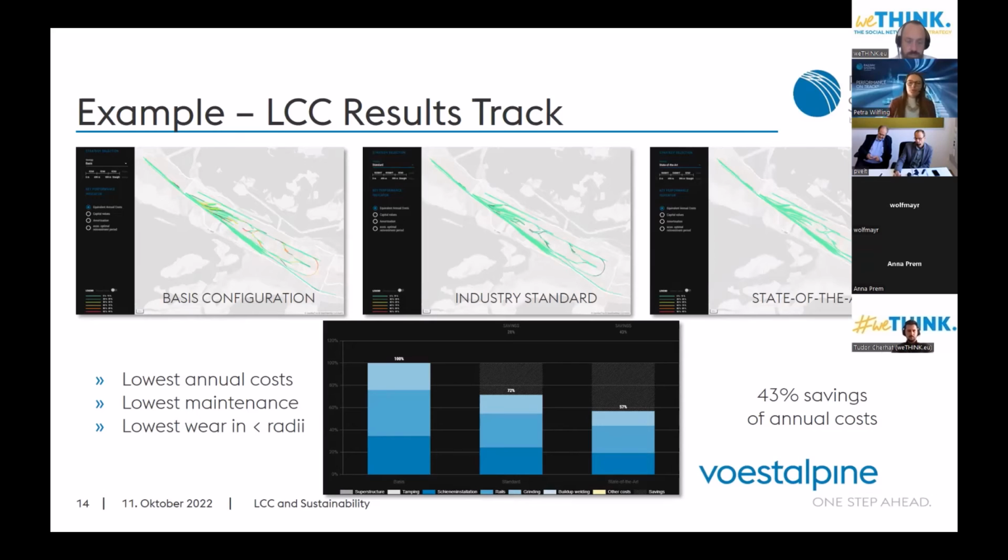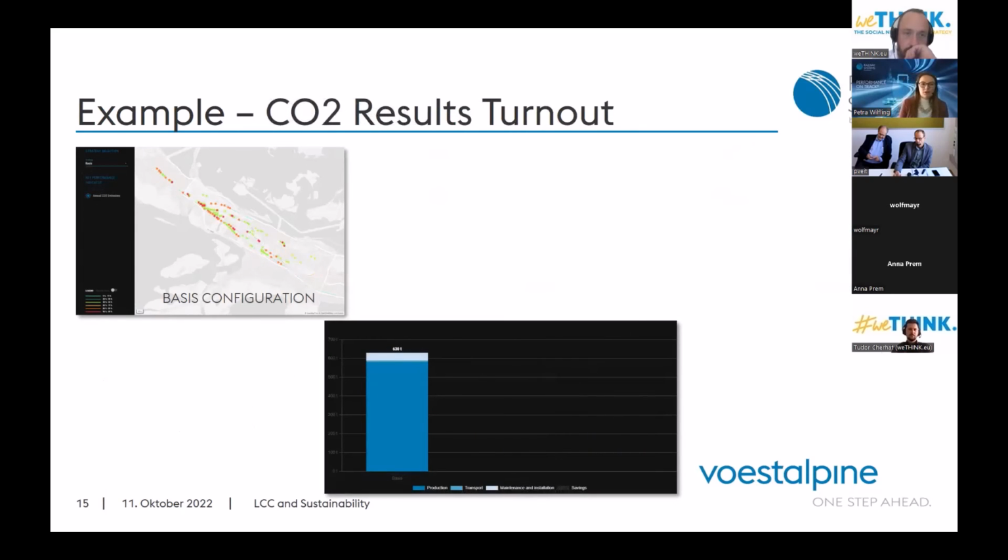But to find the best configuration, it doesn't have influence only on the annual costs. As I told before, we have also implemented CO2 emissions. It's not surprising that if we have to produce new turnouts or rails, we emit CO2 into the atmosphere. So we can also illustrate our CO2 emissions for this strategy.